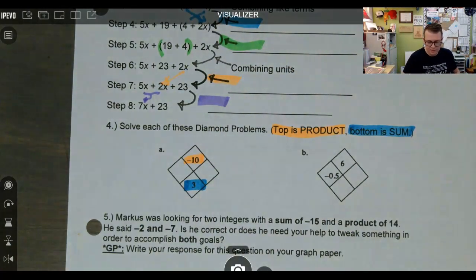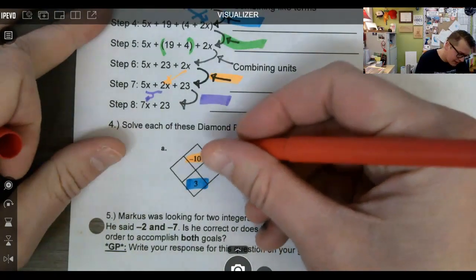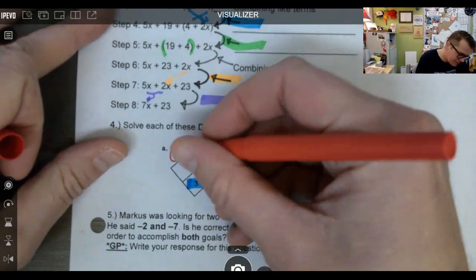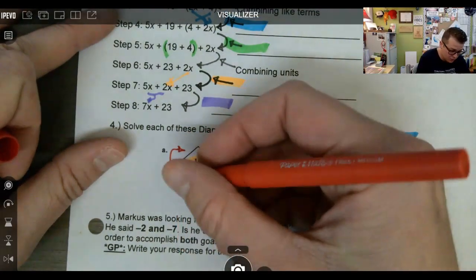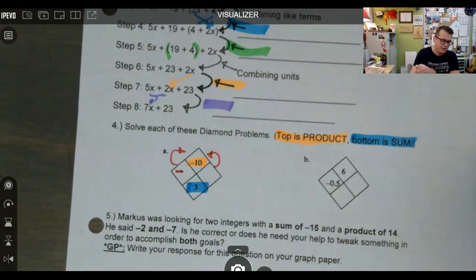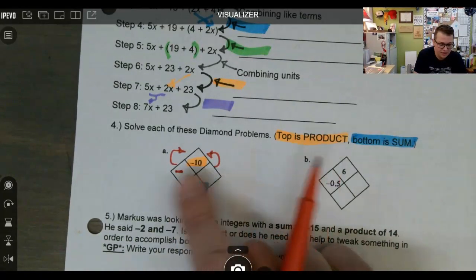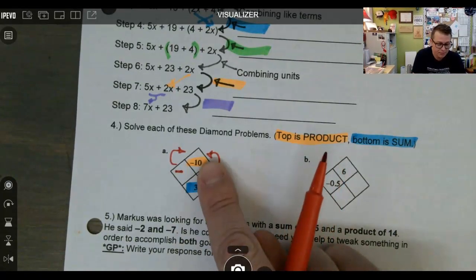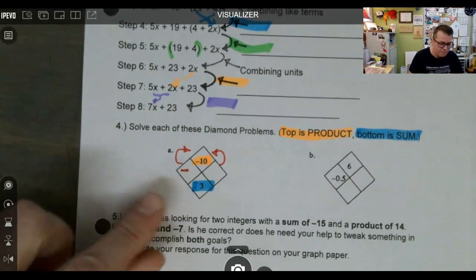Now, the hint I'm going to give you here is that to multiply and get a negative number, one of these is going to have to be negative, and it doesn't really matter which one. So you might as well go ahead and put a negative, and then one of these has to be positive, right? Because if both are negative, a negative times a negative makes a positive, which we need negative 10, so one of these is going to be negative.